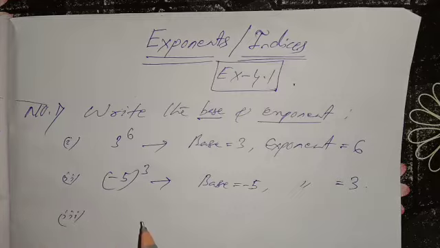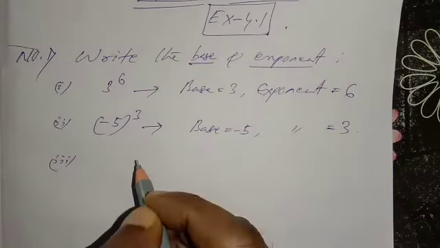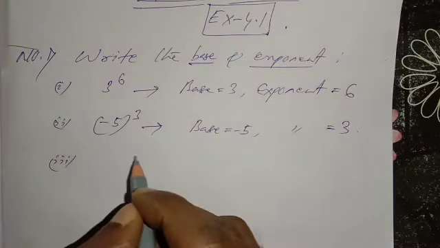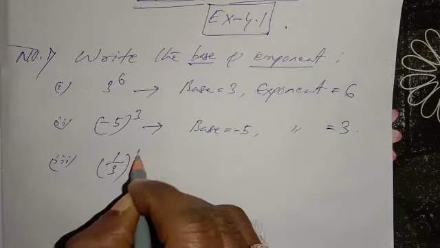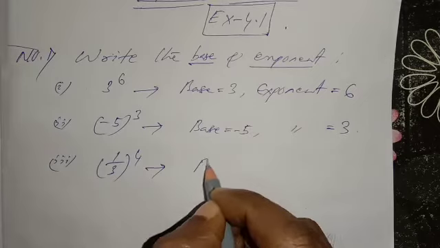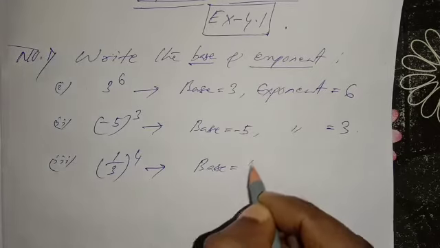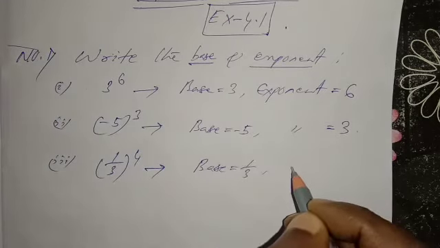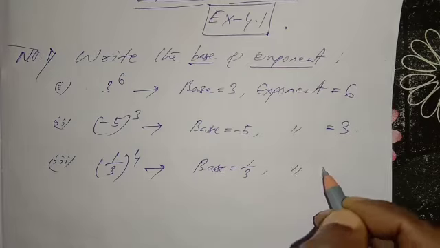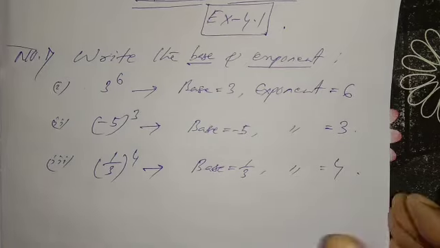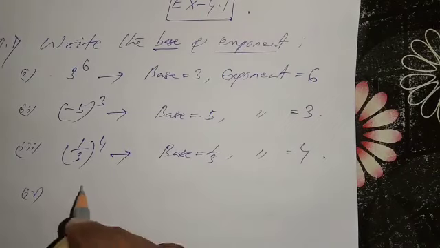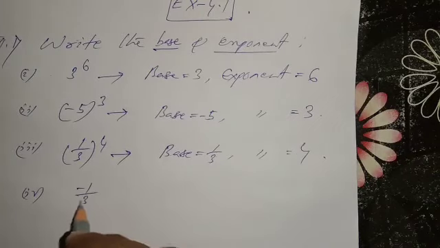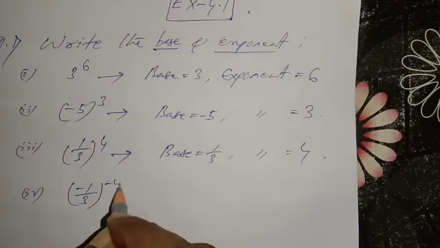Third part. See the third part. Third part given 1 by 3 whole to the power 4. That means here base is equal to 1 by 3 and exponent is equal to 4. The fourth part question given minus 1 by 3 whole to the power minus 4.